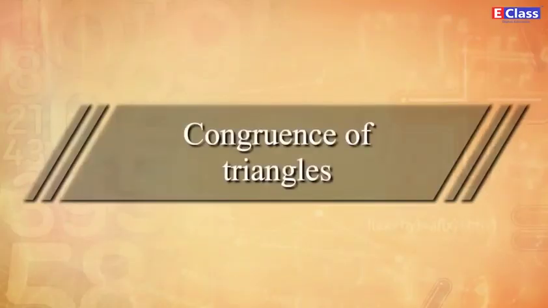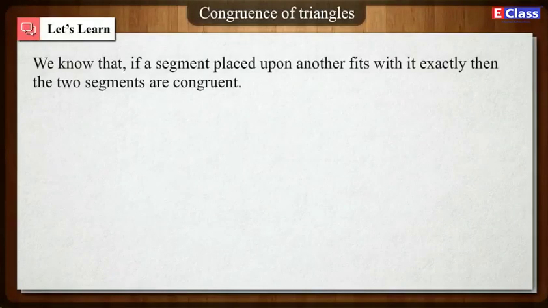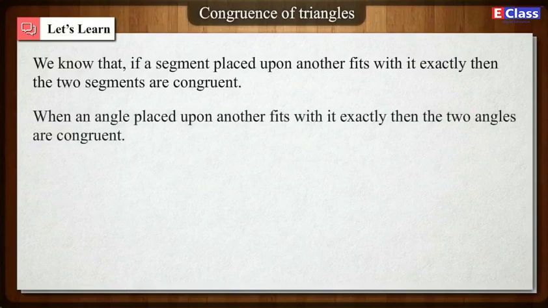Congruence of triangles. Let's learn. We know that if a segment placed upon another fits with it exactly, then the two segments are congruent. When an angle placed upon another fits with it exactly, then the two angles are congruent.